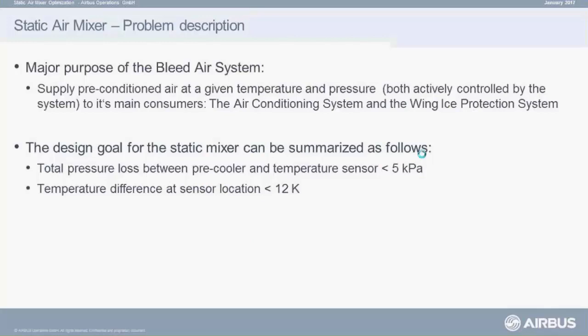Of course, we want to have the pressure loss down because of performance reasons. And in order to have the system working properly, we have to ensure that the temperature sensor sees the correct temperature, meaning we want to have a temperature difference between the highest and the lowest temperature in this duct of below 12 Kelvin.